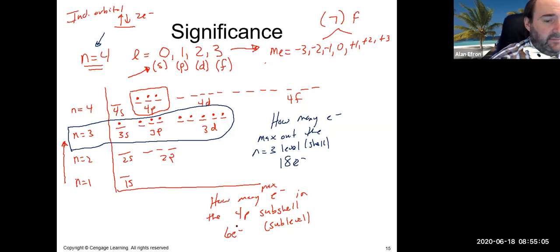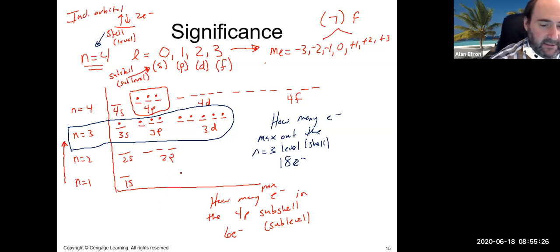And again, that's a subshell or sublevel, while these guys are your shell or level, as it's sometimes referred to.